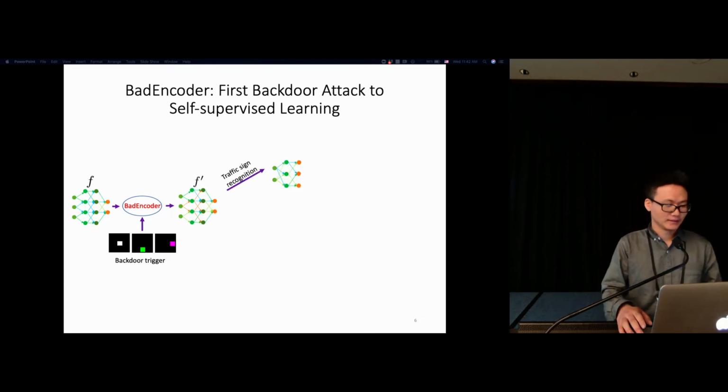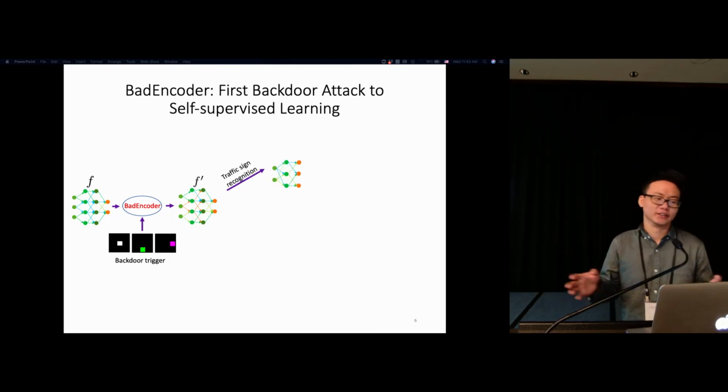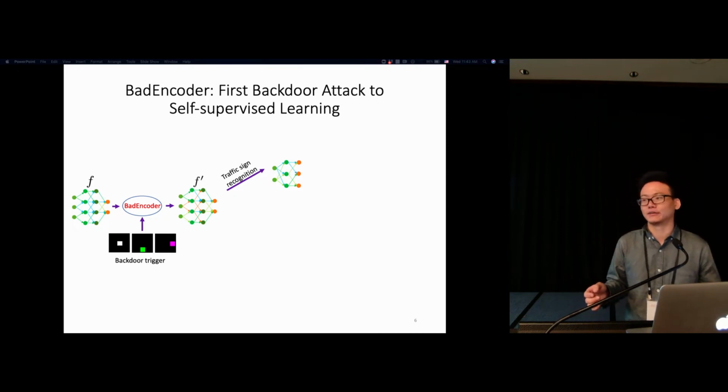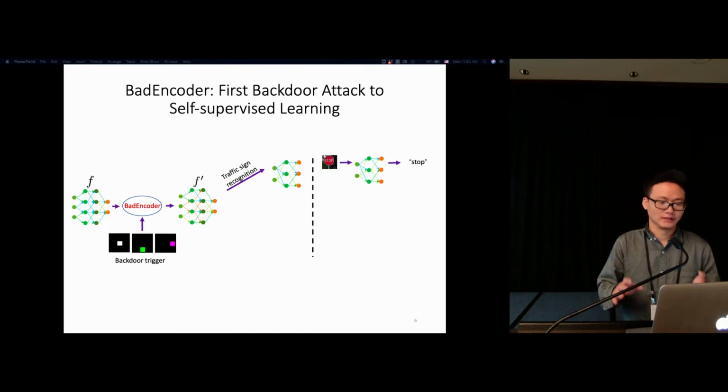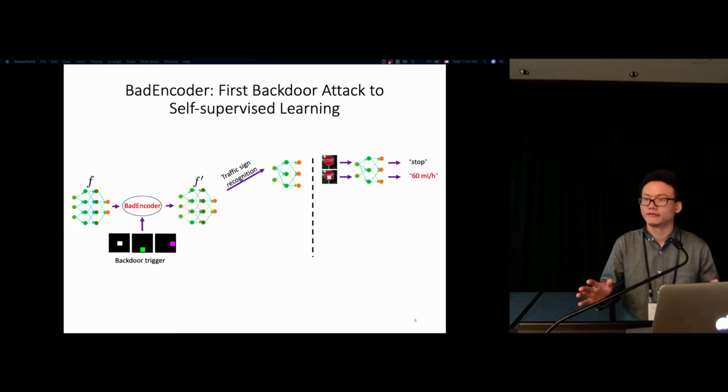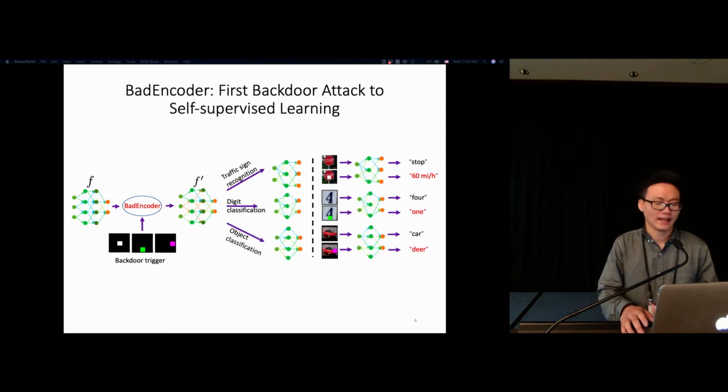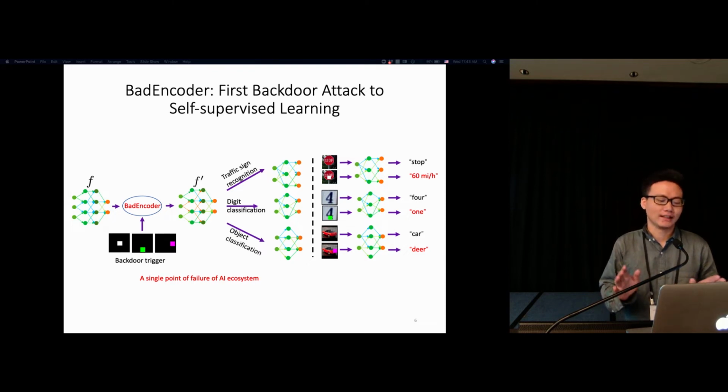For instance, when the backdoor image encoder is used to build a classifier for the traffic sign recognition task, the classifier can correctly predict the stop sign. But if a white patch is added, the classifier predicts the speed limit of 60 miles per hour as the attacker desires. The behaviors of the classifiers for digit classification and object classification are similar. Our BadEncoder shows that a backdoor image encoder can lead to a single point of failure of the AI ecosystem.